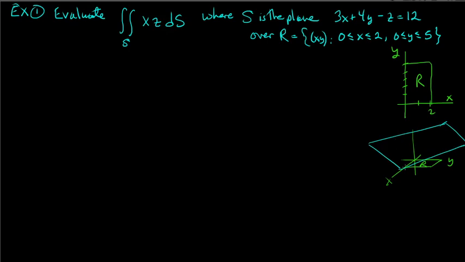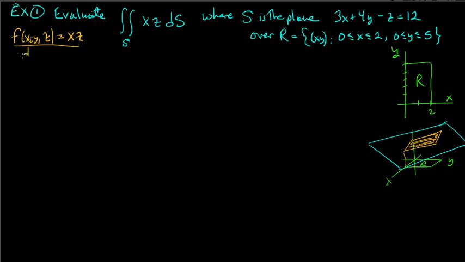We're only looking above the rectangle here, so maybe this piece of it. We're not asking for the area of that piece, we're asking for the surface integral. So we're integrating some function, and in this case, our function f of x, y, and z is just x times z. So that's what we're evaluating.